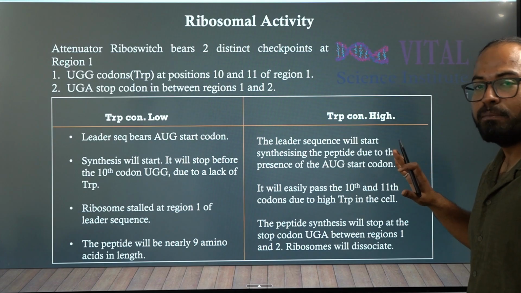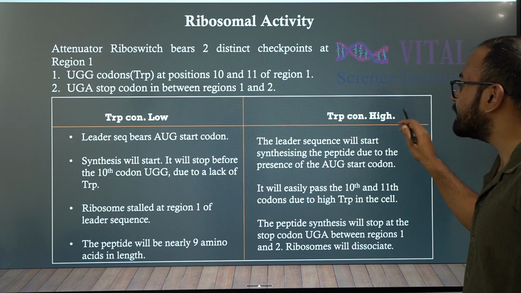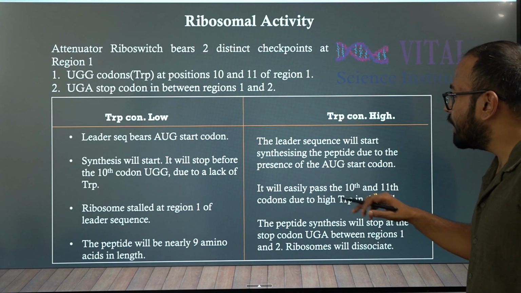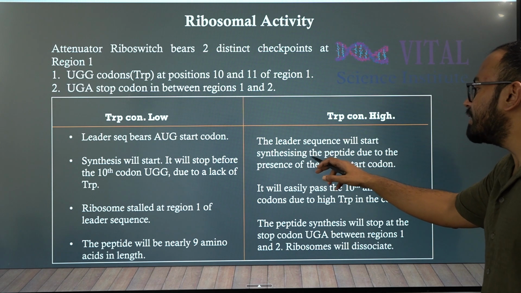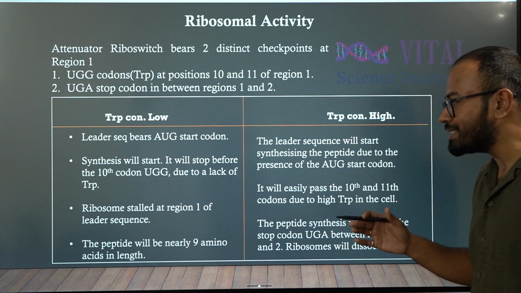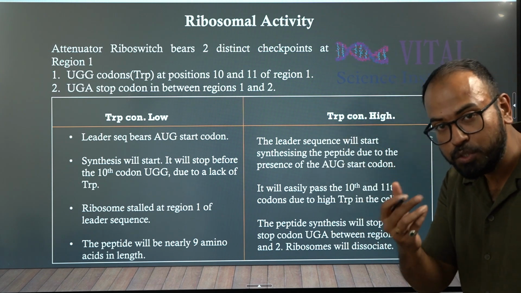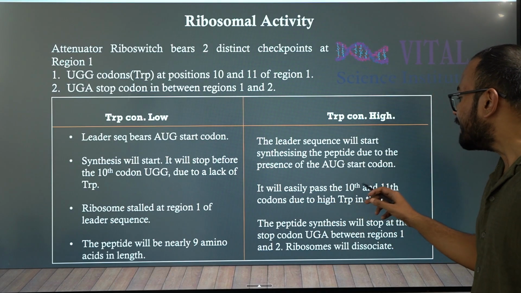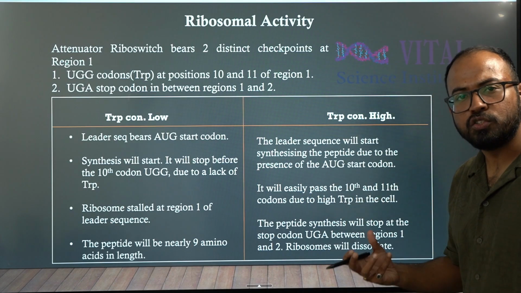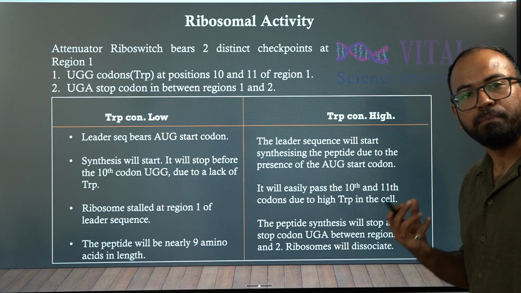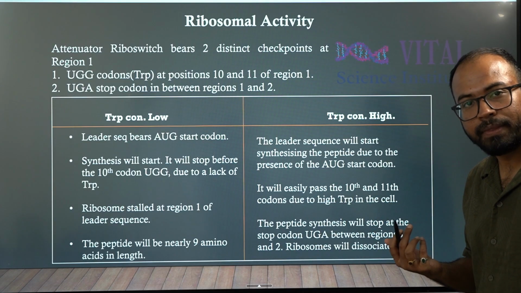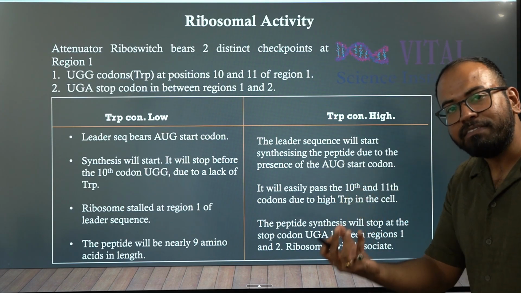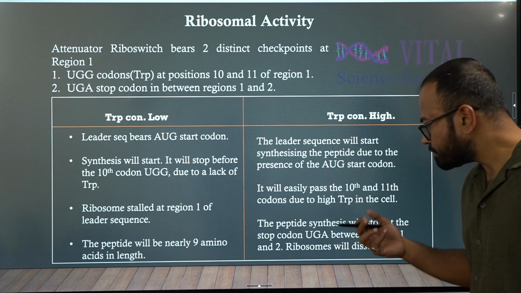Next, the phenomenon when TRP concentration is high, what will happen? The leader sequence will start synthesizing the peptide as usual, just like the previous one, as we have the AUG codon. Now, it will easily pass the 10th and 11th codons because we have a sufficient amount of tryptophan within the medium. So, they will eventually be incorporated.